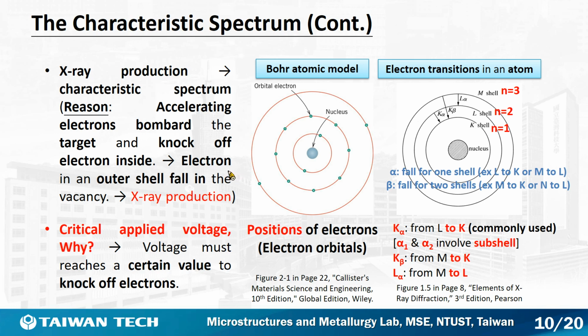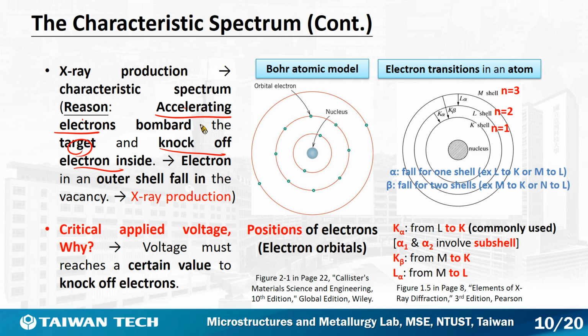And the reason: first, during the production of X-ray, the continuous X-rays, the accelerating electron will bump into the target. And when we have a high enough voltage, the accelerating electrons will have a high enough energy to knock off the electrons of the target inside.